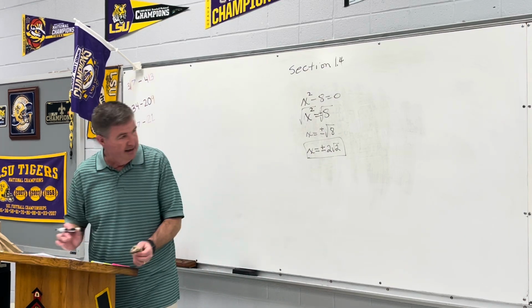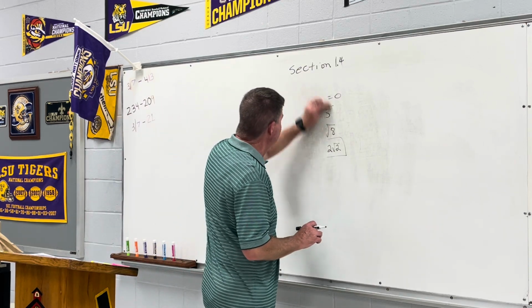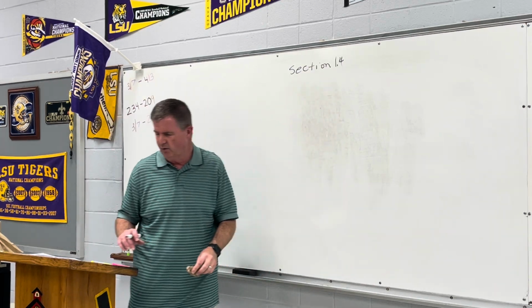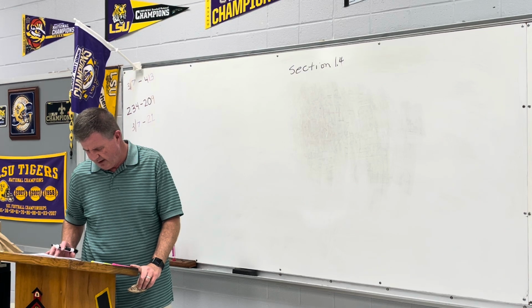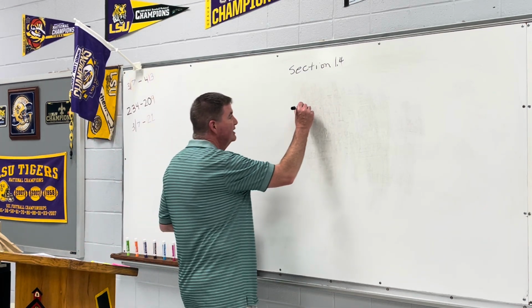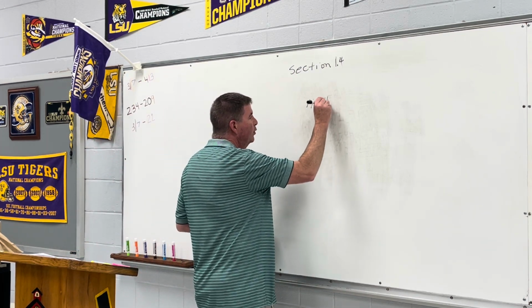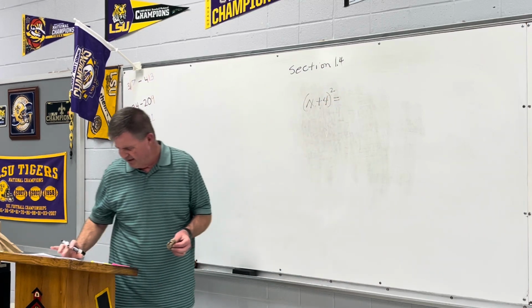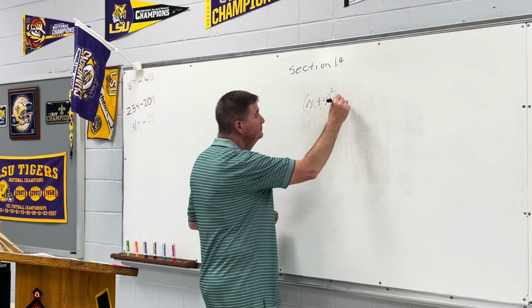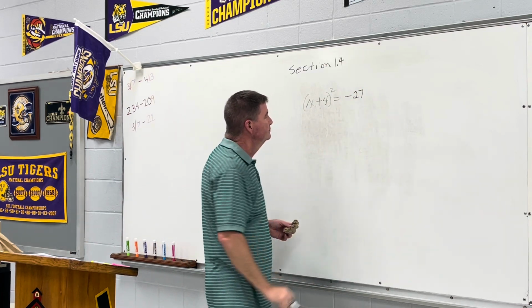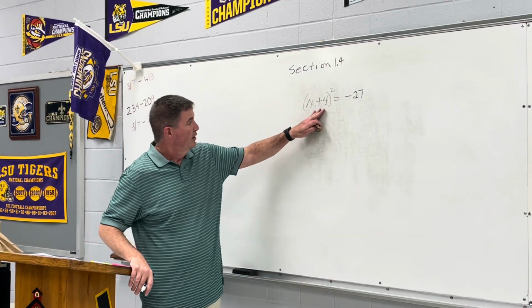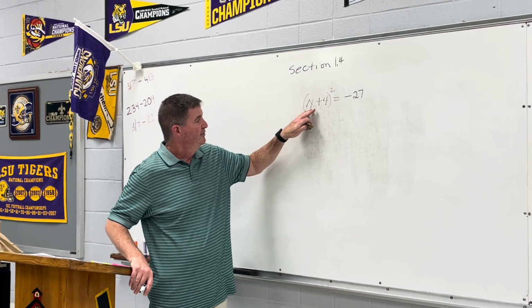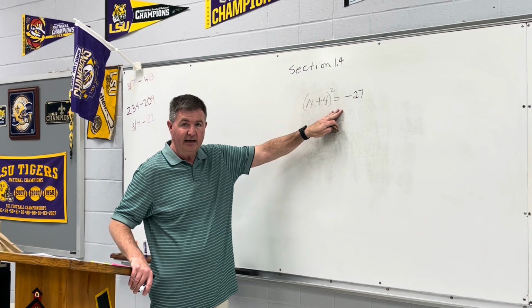Another one that we have might look like this. As long as what is on one side is all squared, we can do that. So suppose I have x plus 4, squared, equals negative 27. Since this whole thing is squared, this is considered isolated on the left.